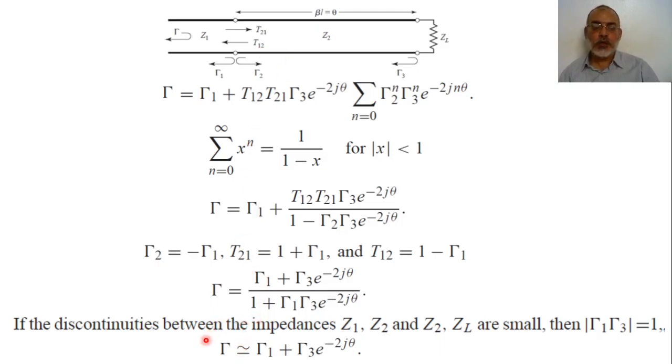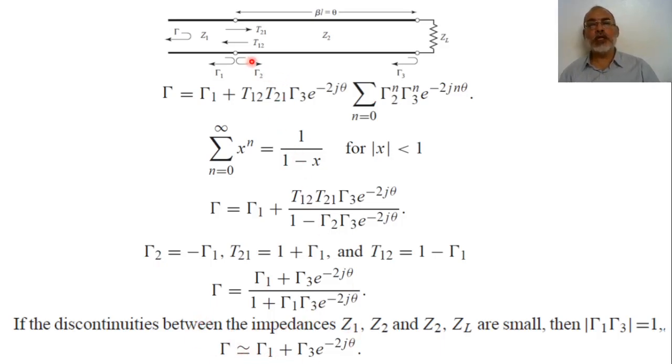So the reflection coefficient gamma is approximately gamma 1 plus gamma 3 e to the power minus j2 theta. This is known as the theory of small reflections, because it is assumed that the reflections gamma 1 and gamma 3 are small values, and according to this fact we can approximate the reflection coefficient in this form.